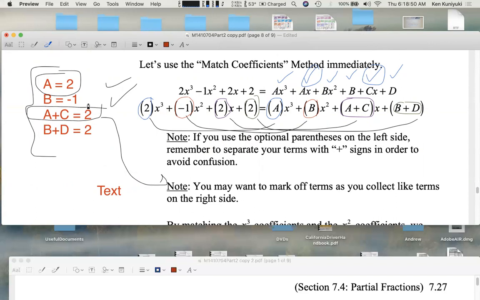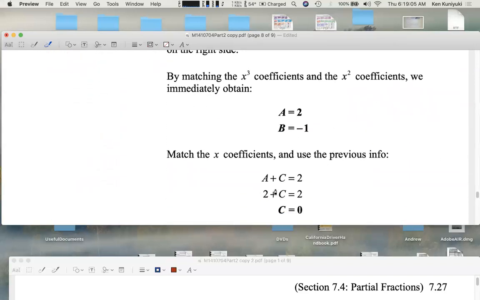A plus C equals 2, but A is 2. So therefore, C equals 0. That's the work here. We knew A was 2, plug that in, we get C equals 0.